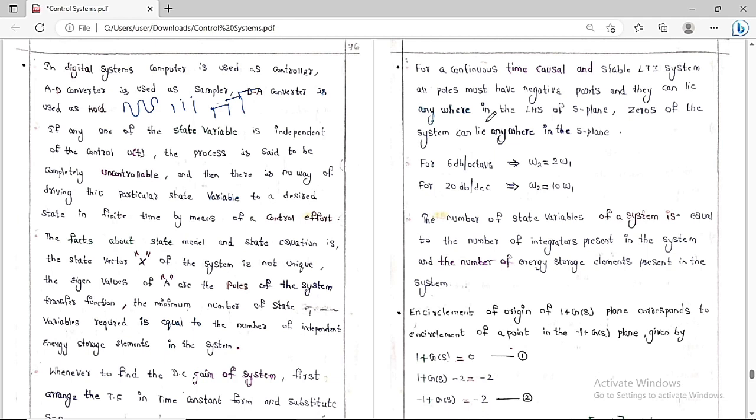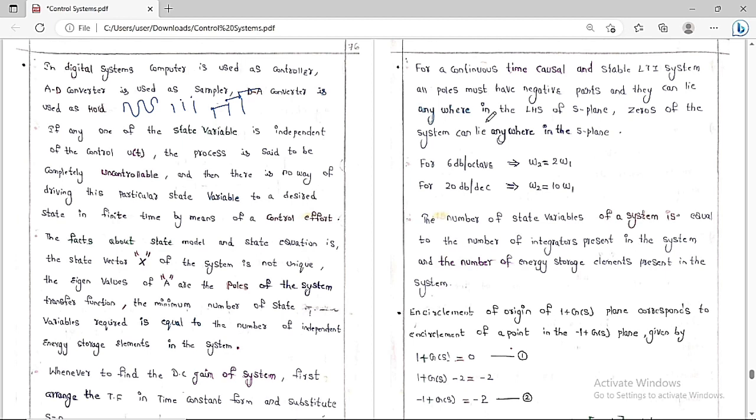Stable means definitely all the poles must lie only in the LHS of the S plane. They can lie anywhere in the LHS of the S plane. But the zeros of the system can lie anywhere in the S plane, irrespective of the poles. But definitely the poles should lie only in the LHS of the S plane. So these points you always have to keep in mind.